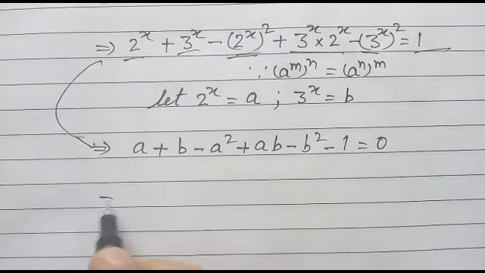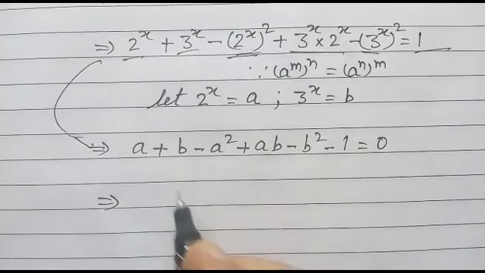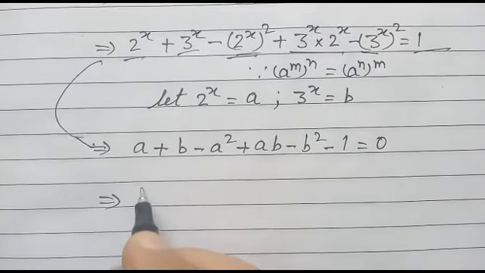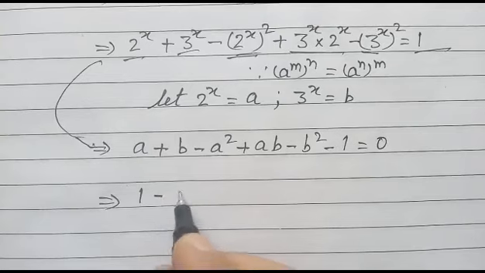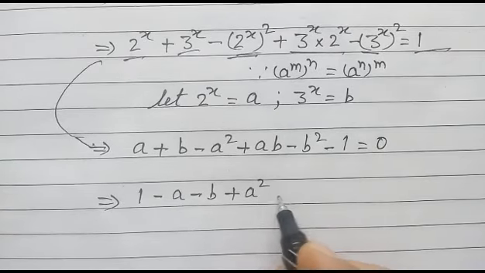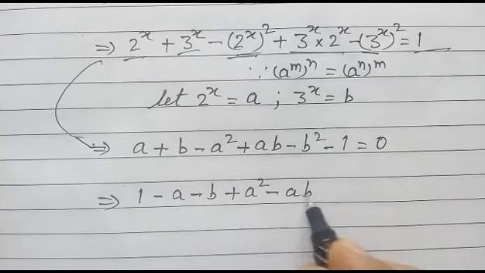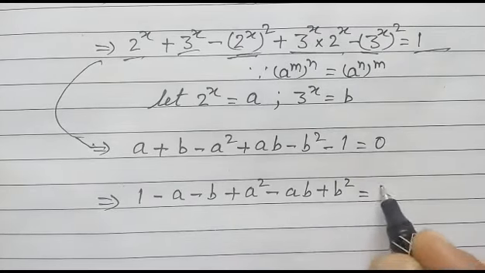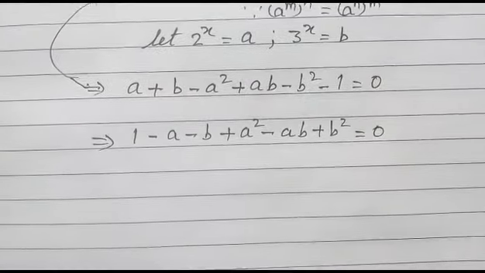Okay, if we rearrange this equation with signs, 1 - a - b + a^2 - ab + b^2 = 0, right?